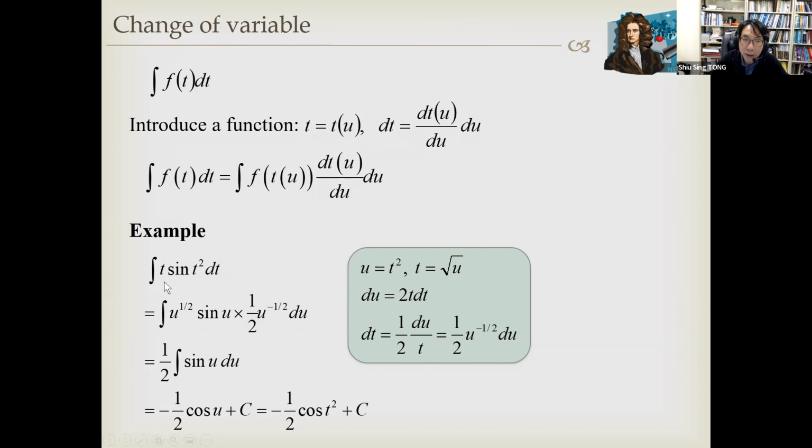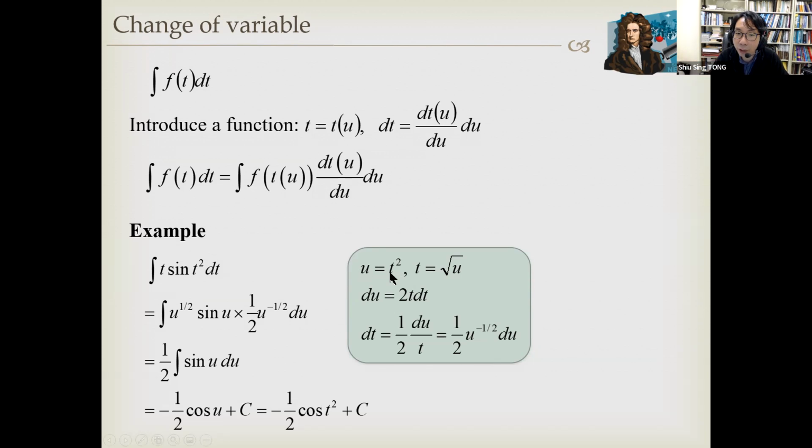Let's take a look at this example. I have a function t sine t squared. Now, the troublesome part here is the t squared. The sine t, I know how to integrate, right? I know how to integrate sine t, but not sine t squared. That is a problem. So my aim is to get rid of the t squared. And so it is natural to define another variable called u, which is t squared.